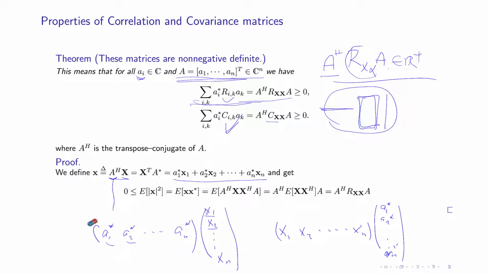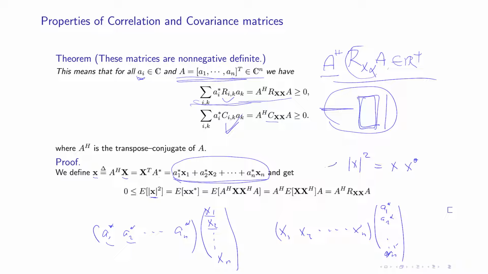Now, if you consider this expression, call it X, I want to calculate the mean of the absolute value of X squared. X to the power of 2 is basically equal to X times X conjugate, because something multiplied by its conjugate becomes non-negative.